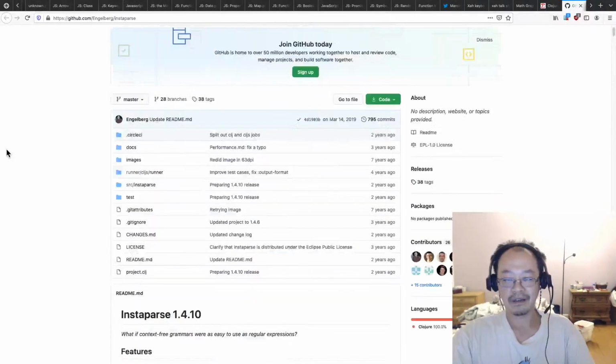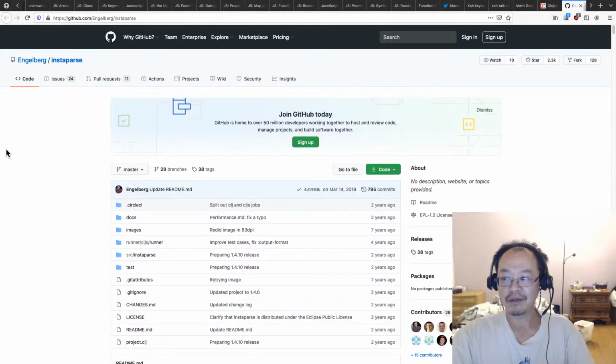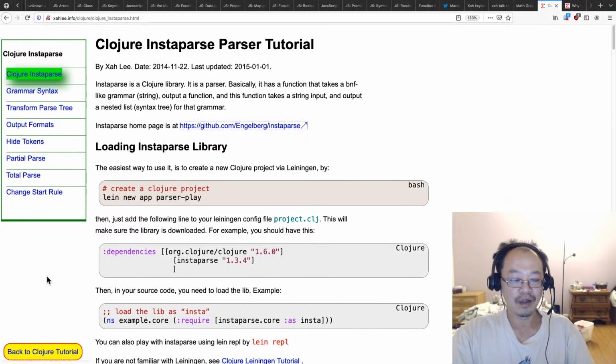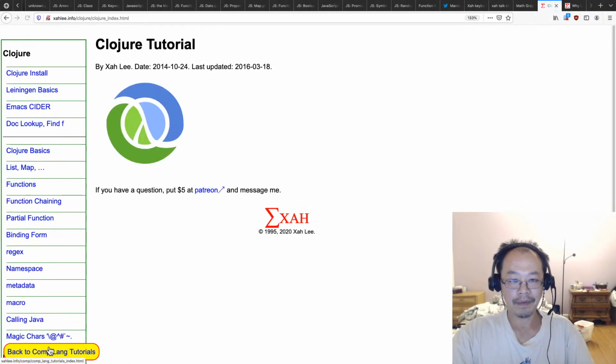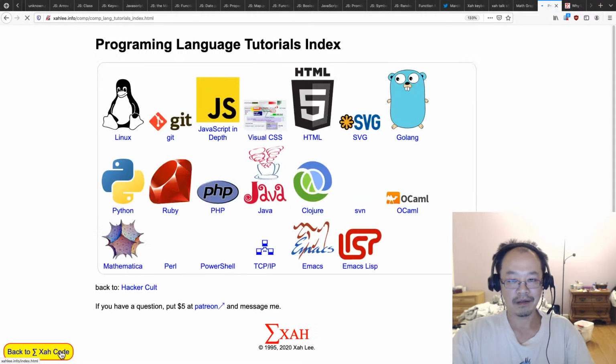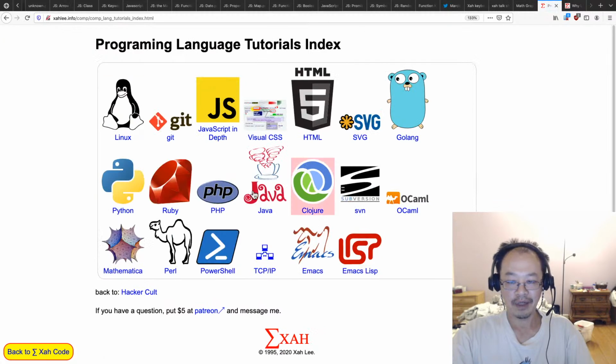So anyway, you see it's popular. It's got 2,000 stars and 128 forks. Okay, let's go back to my programming blog. I have lots of tutorials on many languages.